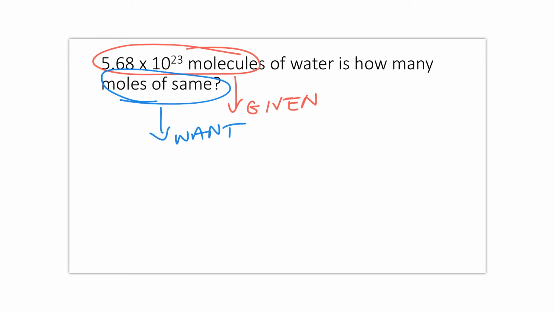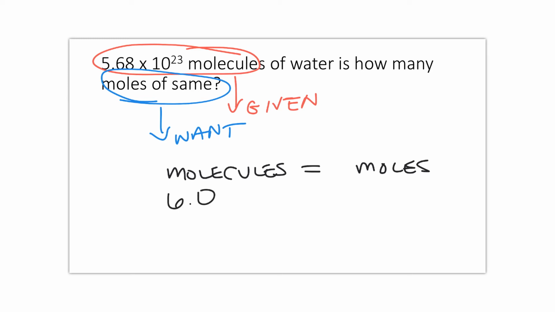And so we need something between molecules and moles. So we know those numbers, 6.02 times 10 to the 23rd molecules. Remember, molecules are representing a particle, is in 1 mole. And there's the 1. So we're done.